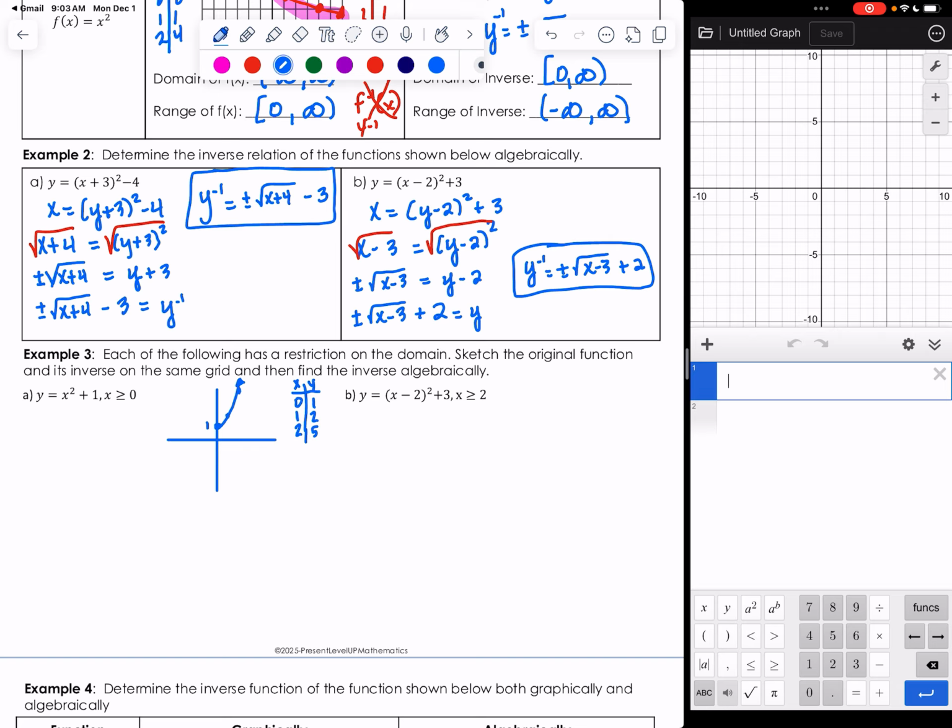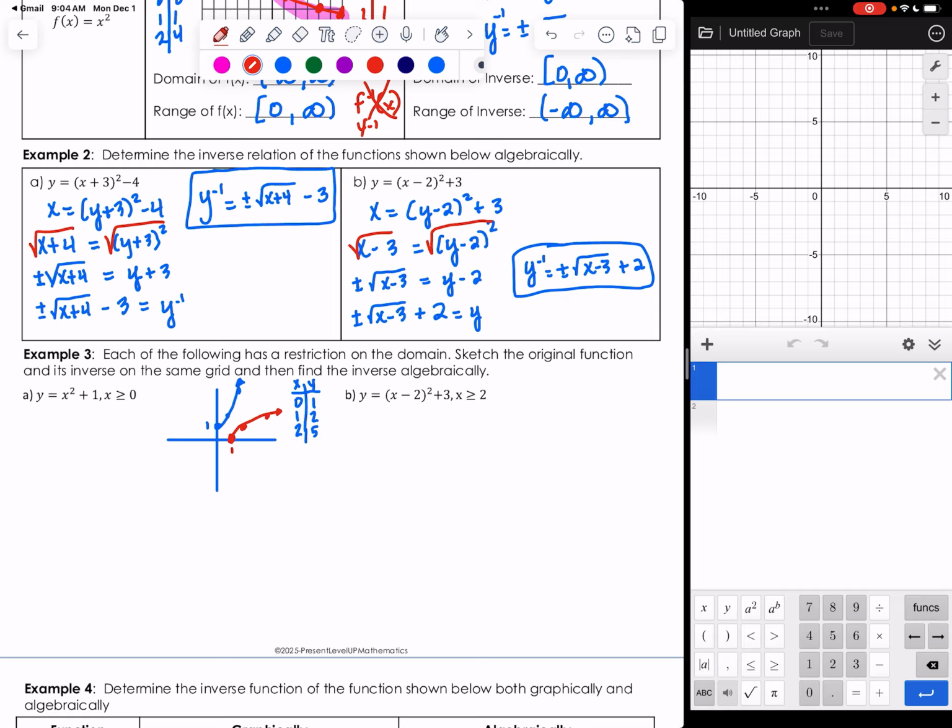Now, if I want to find the inverse of this function, then I'm just going to switch the x and y's. So instead of 0, 1, I have a point at 1, 0. And then 2, comma 1, oops, I forgot to draw on that point. 2, comma 1 would be right here. And then if I switch 2, 5, I would have 5, 2. So that would be something like this. So my inverse is going to go off like this.